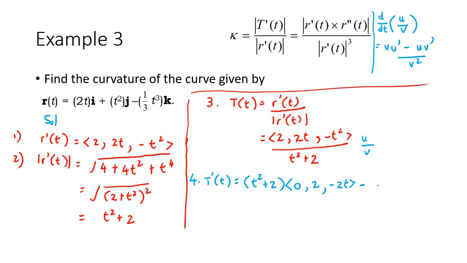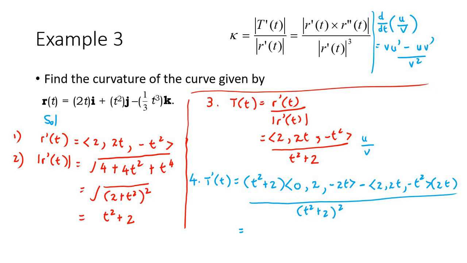So minus u, which is 2, 2t, negative t squared, times the derivative of v, which is 2t, and divided by v squared, t squared plus 2 squared.